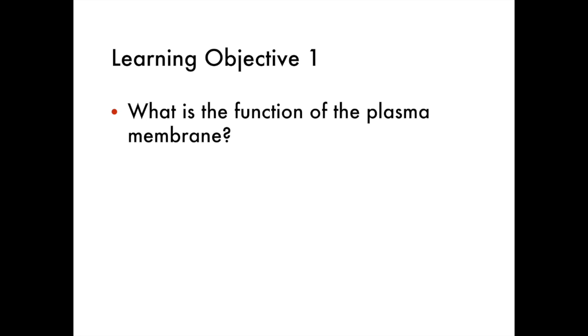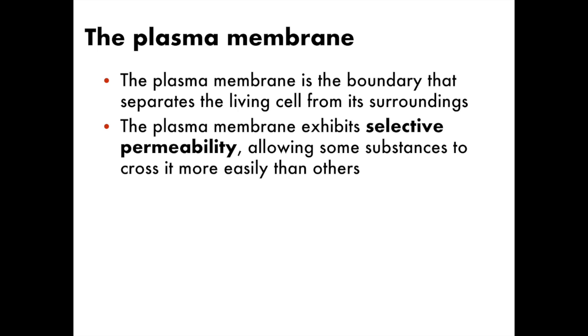Starting with objective 1, what is the function of the plasma membrane? So the plasma membrane, as you may remember from the last chapter, is the boundary around a living cell. Some cells have cell walls, but all cells have a plasma membrane that keeps the cytoplasm away from the outside world or from other cells.